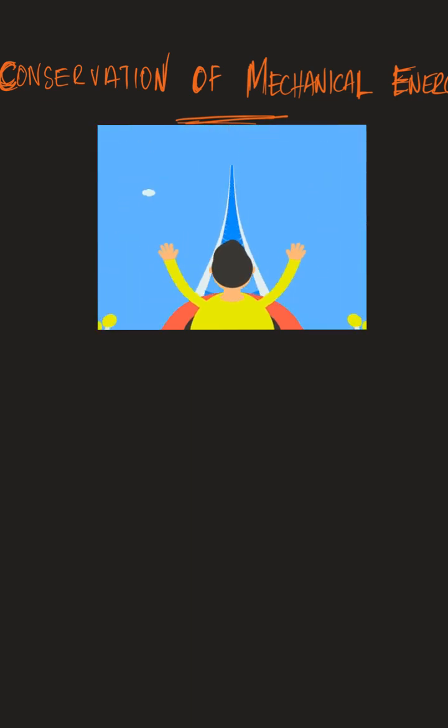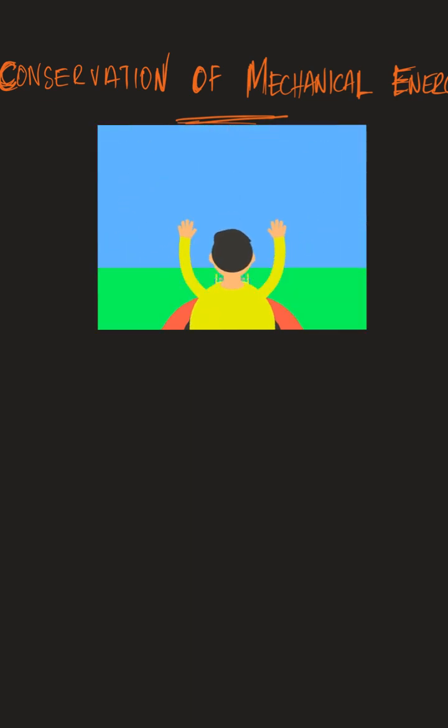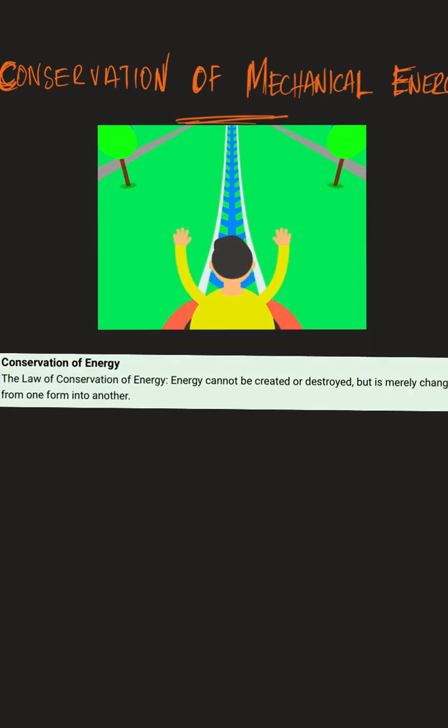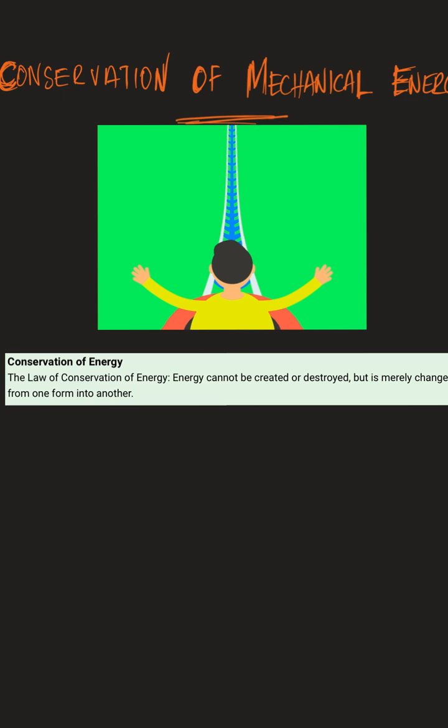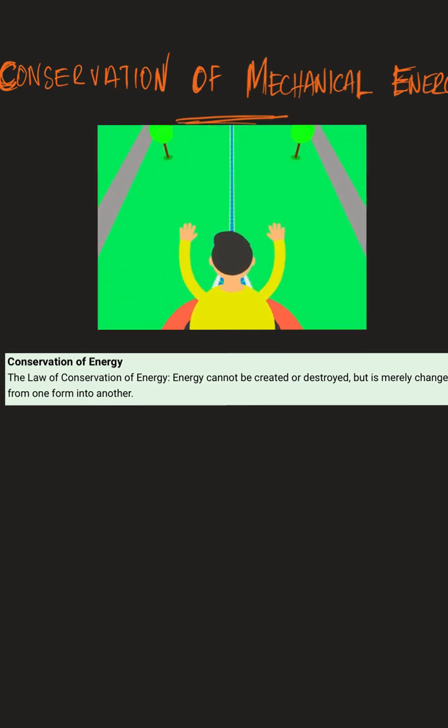We've got two laws here. The first law we know about is the conservation of energy. You should get that into your books. The law of conservation of energy states that energy cannot be created nor destroyed, but is merely changed from one form to another.